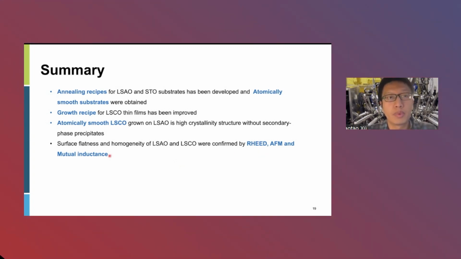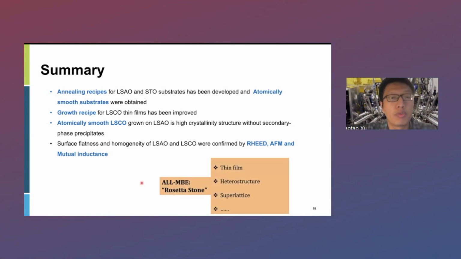Here I only introduced the growth of the single crystal. Actually, this is like a Rosetta Stone. With this information, we can use that growth recipe to grow more complex structures, such as heterostructures or artificial superlattices of LSCO, which can help us fabricate different devices and probe the properties of this material from a different aspect.